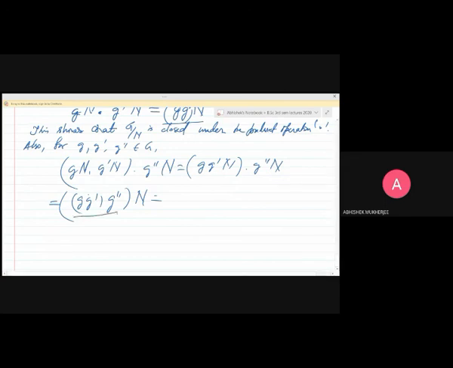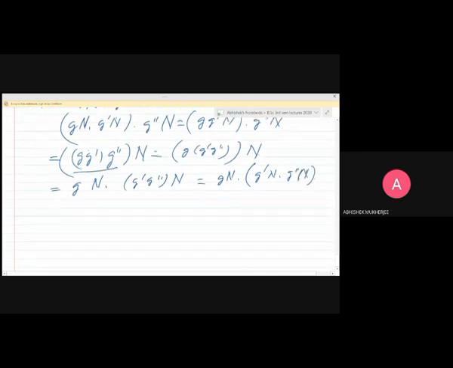So inside this bracket you will have gg'g'', and shifting the bracket from gg' to g'g'', it will give you gN and g'g''N. So that means gN · (g'N · g''N). In this way, you will see that associativity holds with respect to the product operation.